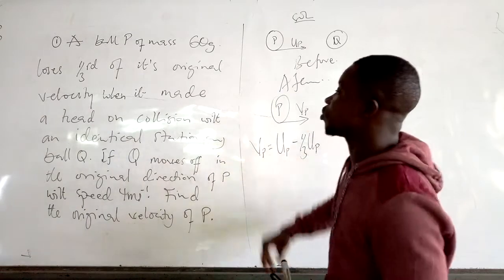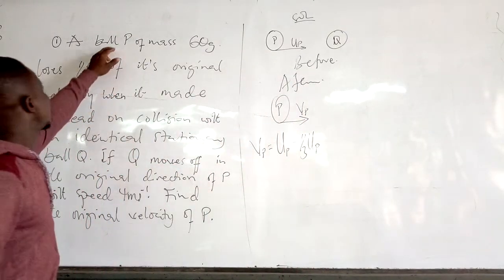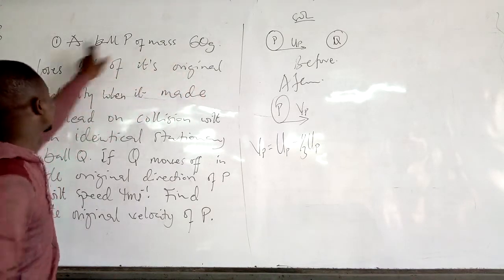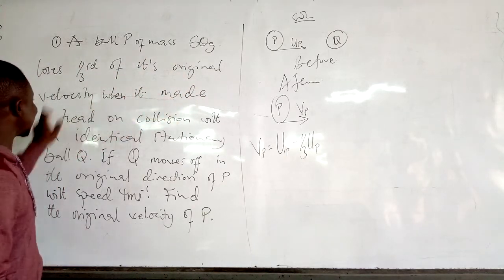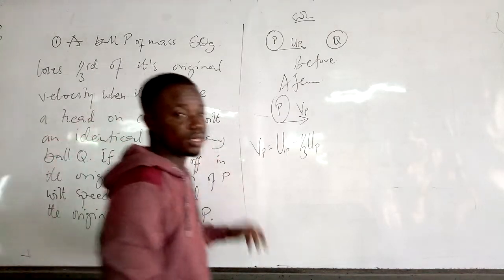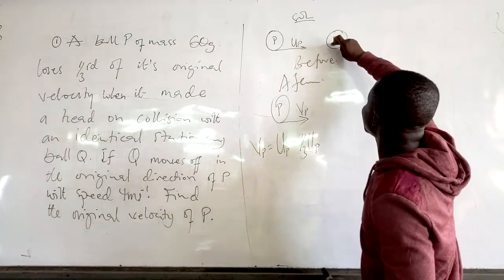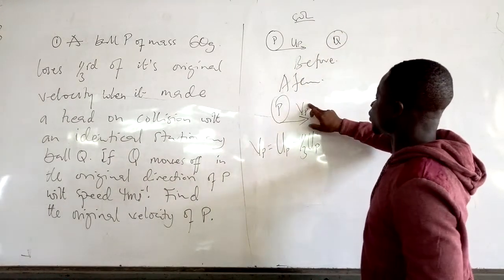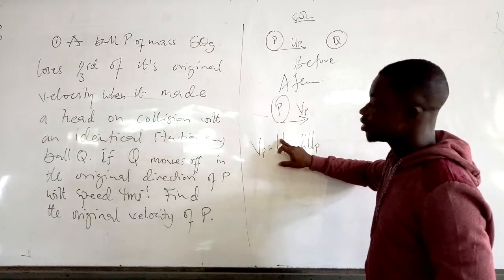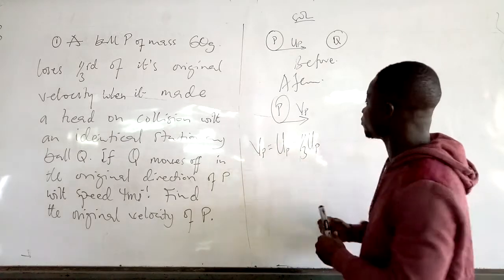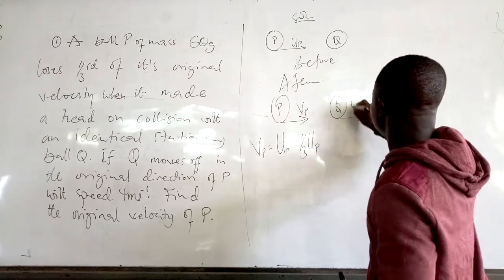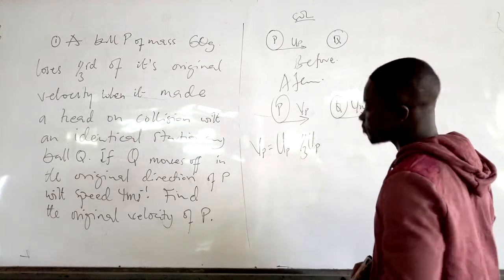Why? Because we are told that P loses 1/3 of its original velocity when it made a head-on collision with this identical stationary ball. So we subtract that 1/3 of its original velocity to get the velocity that P moves with. And Q moves off with velocity 4 meters per second.